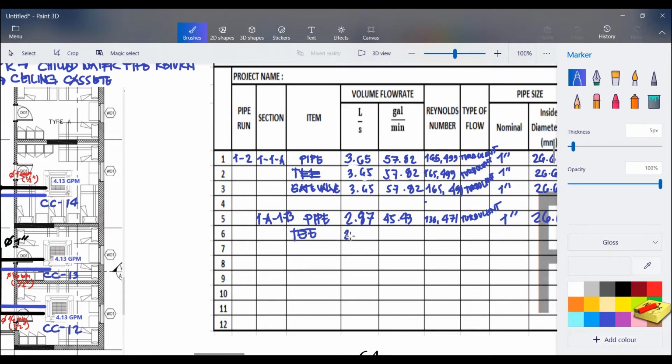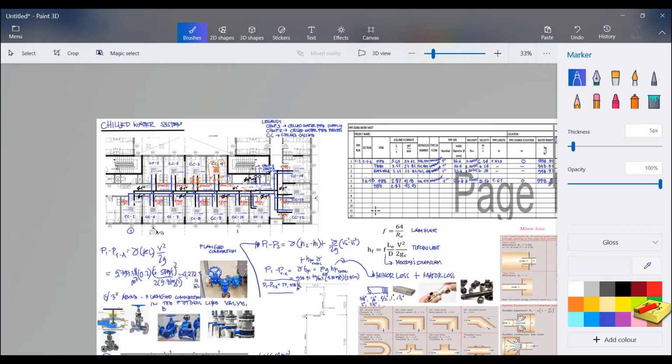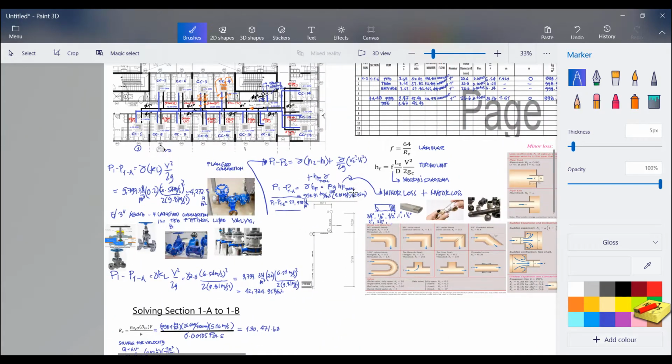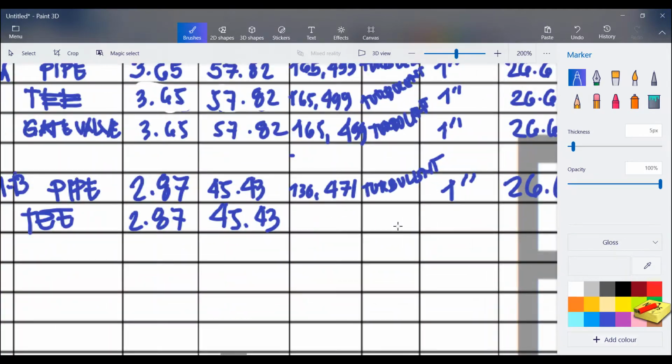Then also 2.87. Then we have 45.43. Then Reynolds number is 130,471.